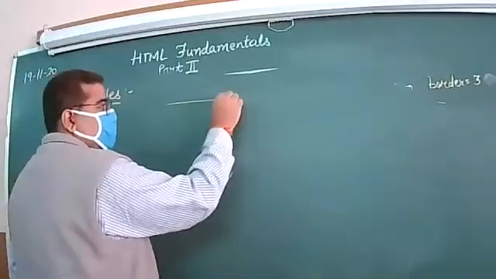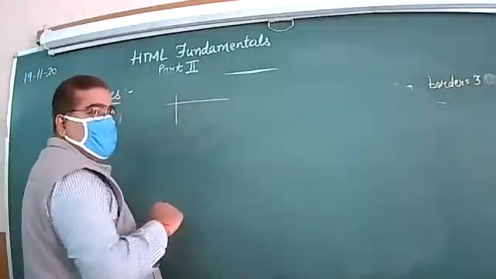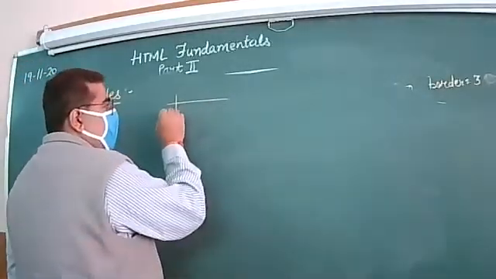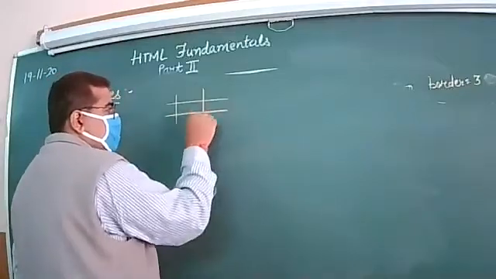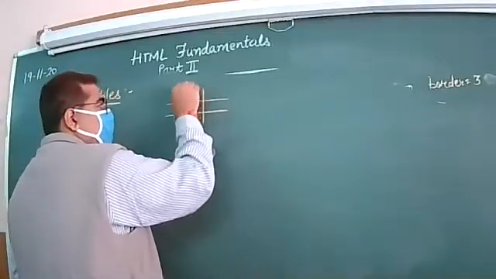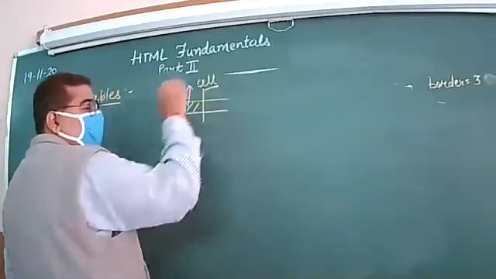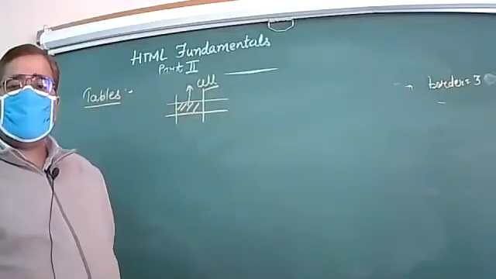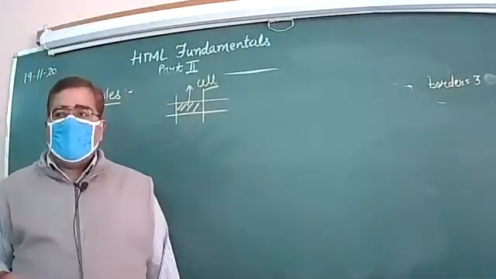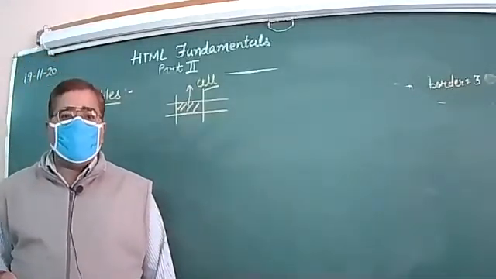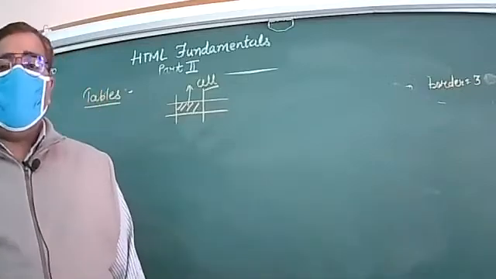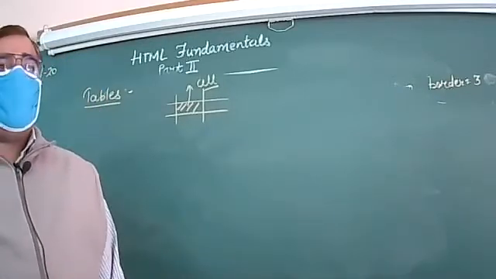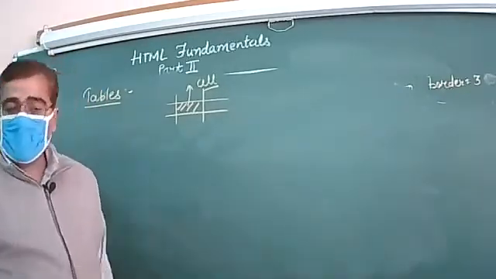Horizontal are the rows and vertical are the columns. And where a row and column intersect, that is called a cell. Cell is the smallest unit, the basic unit, where we will enter our data.